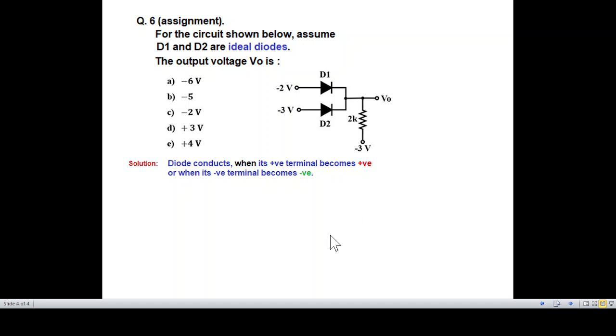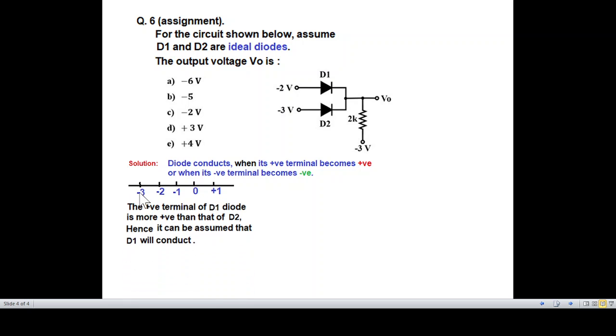Let's say that way. We can draw a number line, and you can see that -2 is closer to the positive than -3. That means we can say that the positive terminal of D1 diode is more positive than that of D2. Hence, it can be assumed that D1 will conduct.